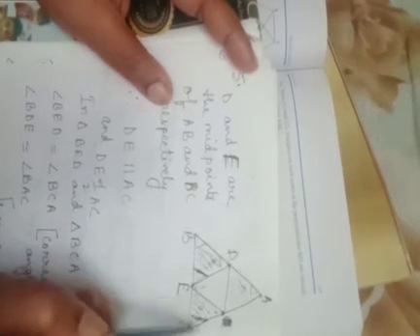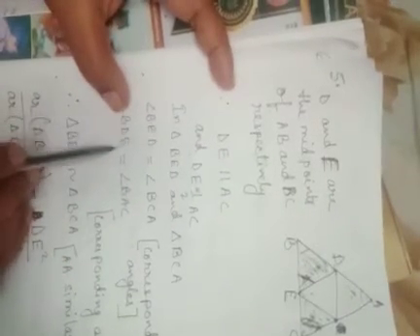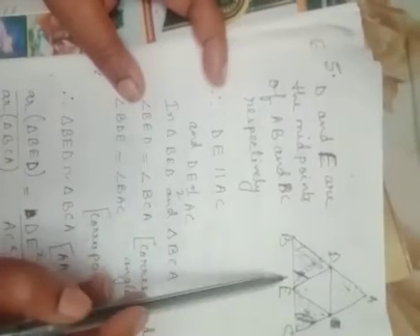BED and BCA, these two angles are corresponding angles. Next, angle BDE is equal to angle BAC, because these two angles are corresponding angles.